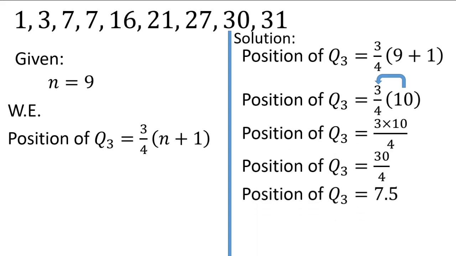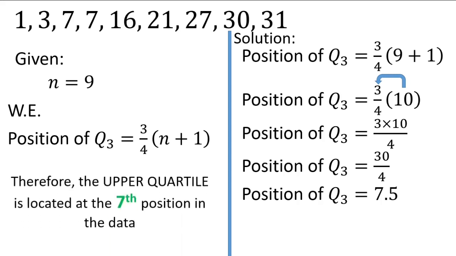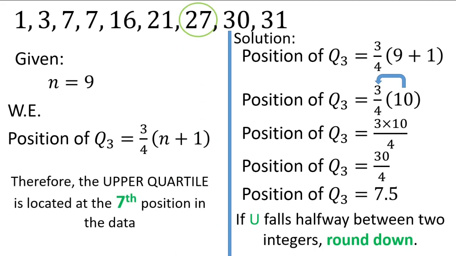Now, since we are dealing with the upper quartile, according to the Mendenhall and Sincich method, if U, the upper quartile, falls halfway between two integers, you have to round down. So, round down, and the whole number will be retained.